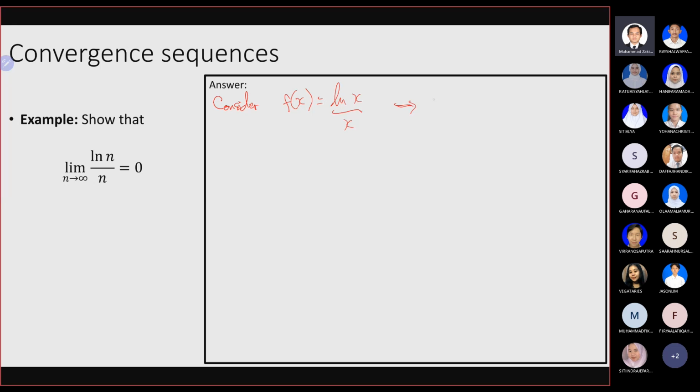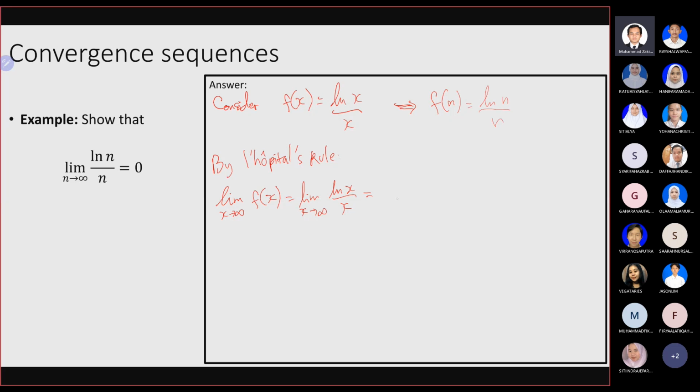Then, of course, f of n is equal to ln n over n. Then, by L'Hopital's rule, we compute the limit as x goes to infinity of f of x, which is the limit as x goes to infinity of ln x over x.